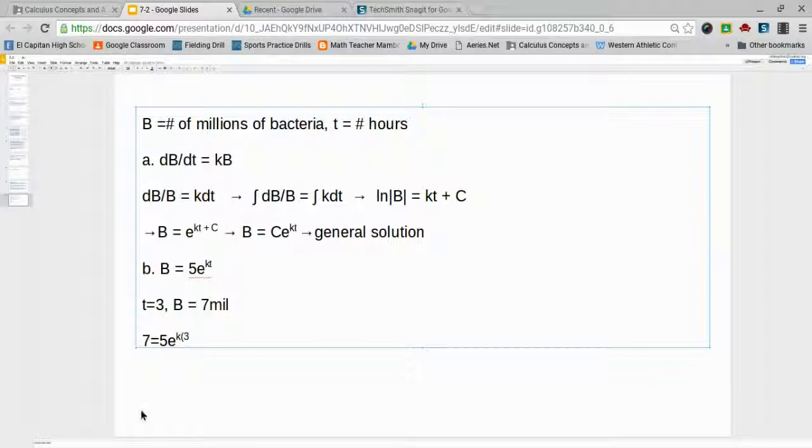And once you do all your math and all that good fun stuff, you come up with k equals 1/3 times ln of 7 over 5.